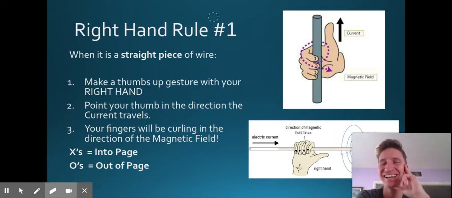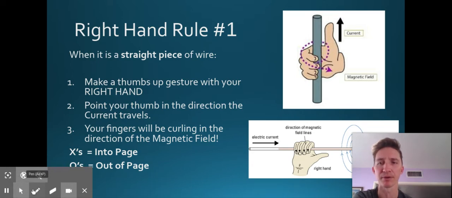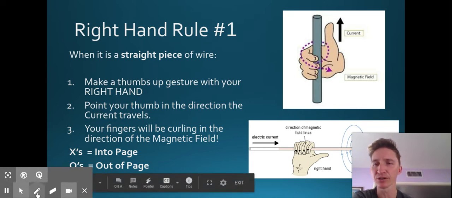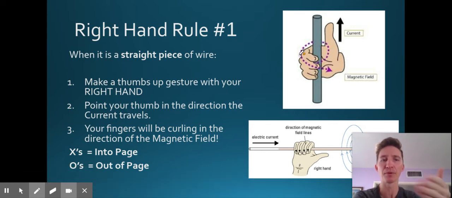But basically, X's and O's are a nice way to illustrate, especially on paper, what the direction of the magnetic field is. Looking at this illustration of that hand, we know that it is going to curl around in the direction that the fingers would be curling. If you want to illustrate it on paper, you would say, all right, it looks like these fingers are coming out of the page.